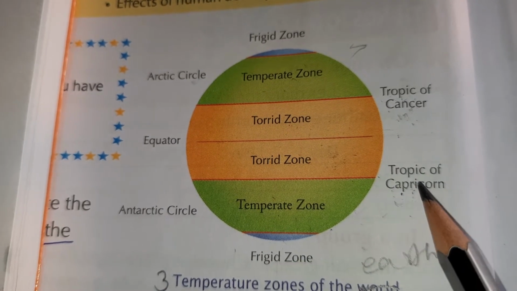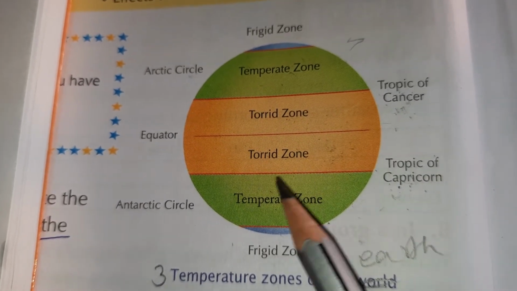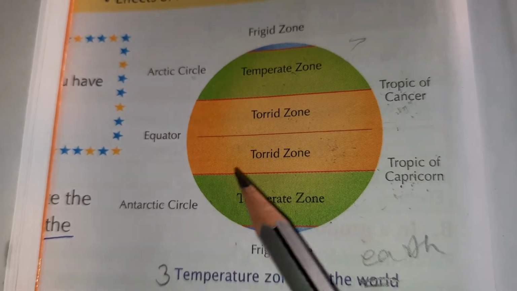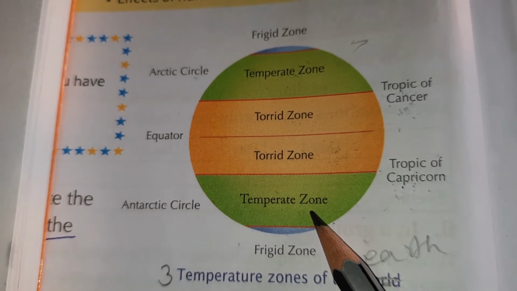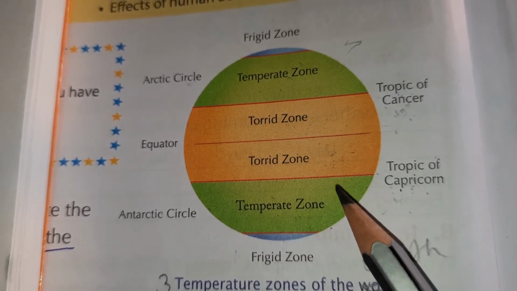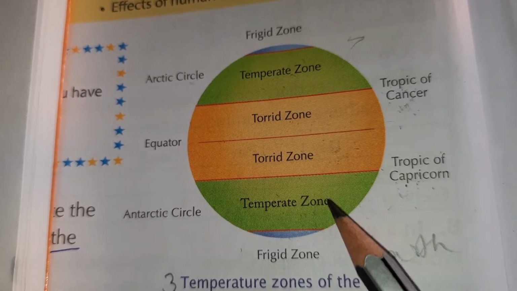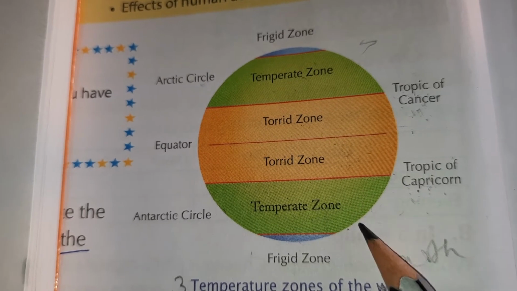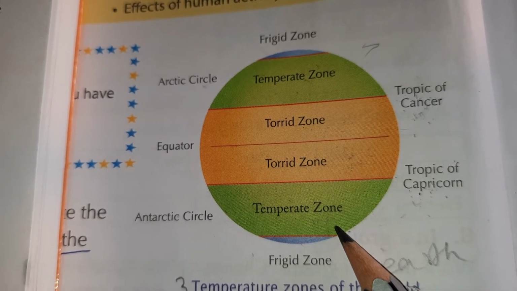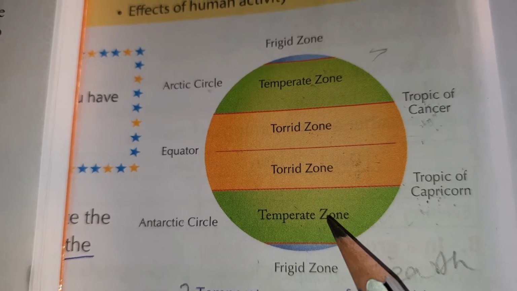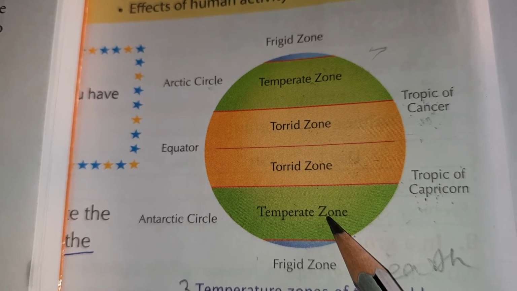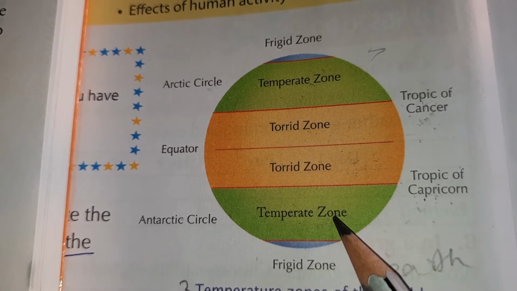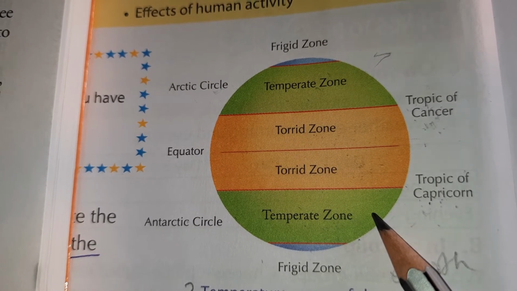In the temperate zone, the sun is never overhead. It is neither very hot in summer nor very cold in winter. Therefore, this zone experiences moderate range of temperatures.